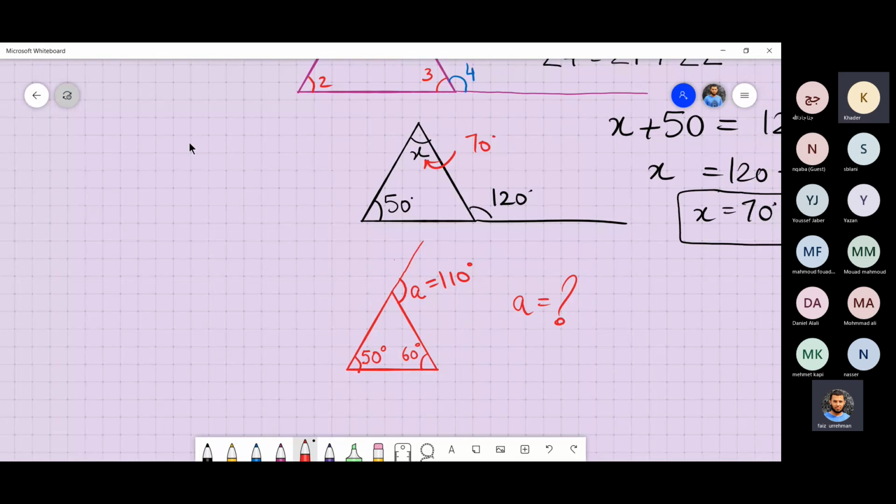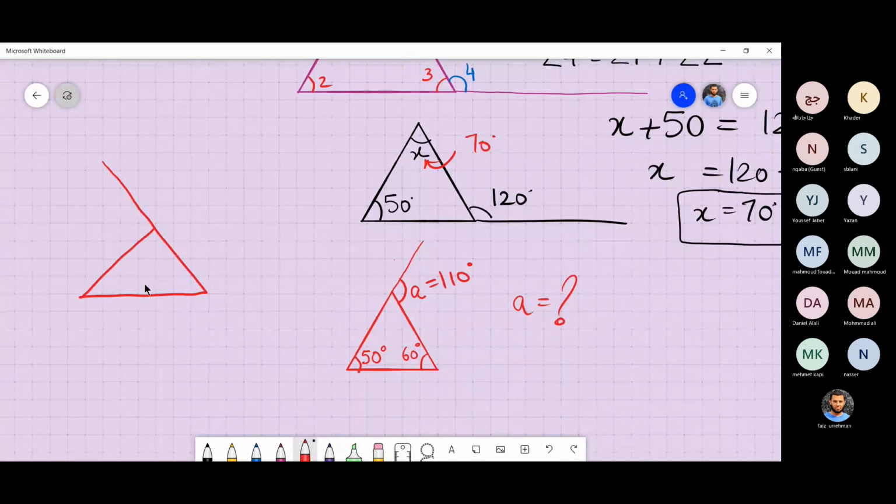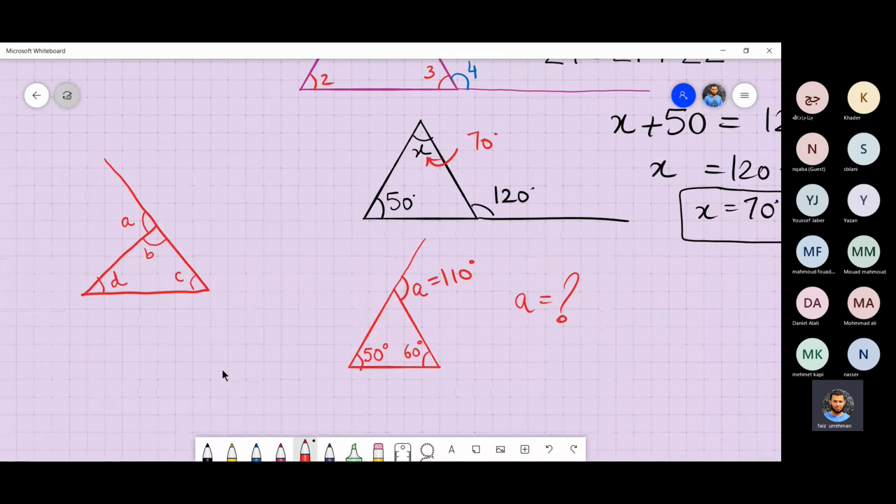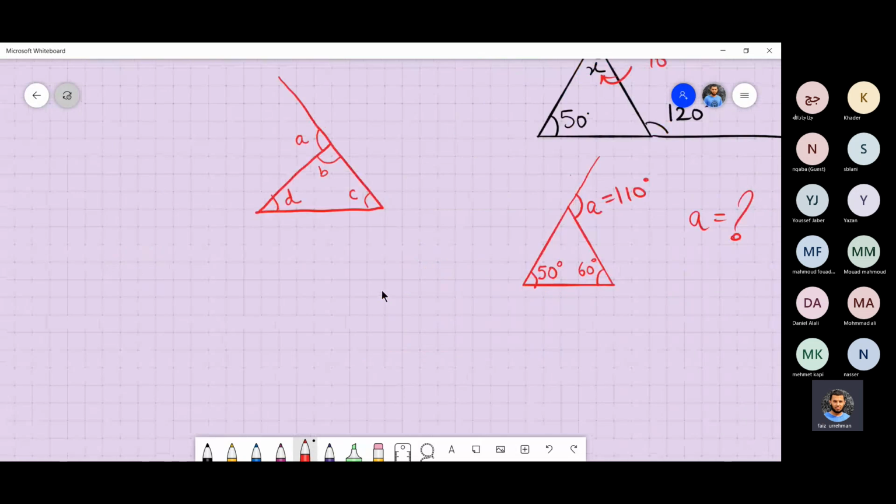Now who will tell me how we will apply the exterior angle property in this diagram?